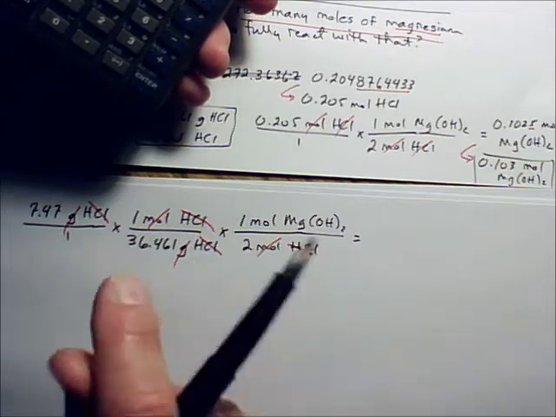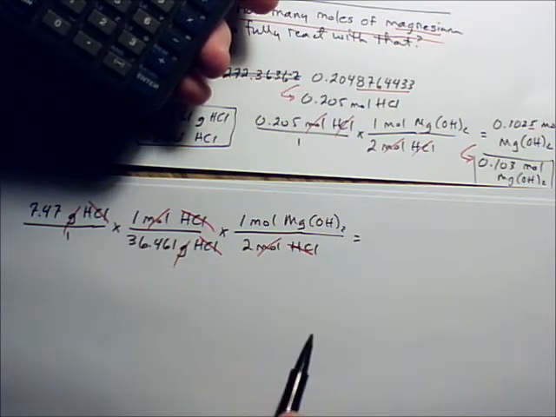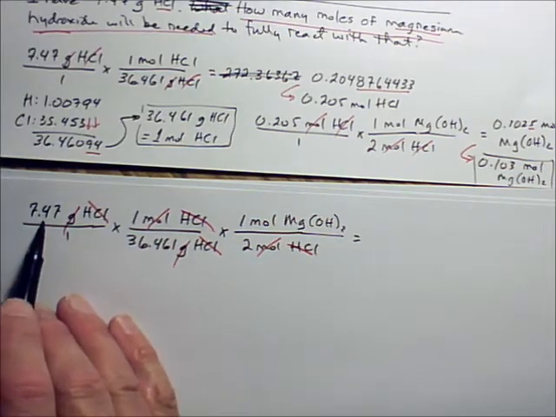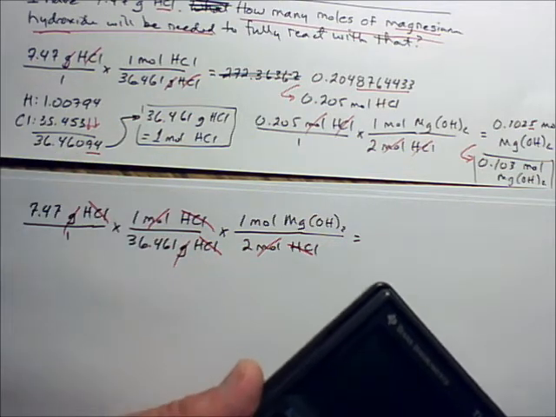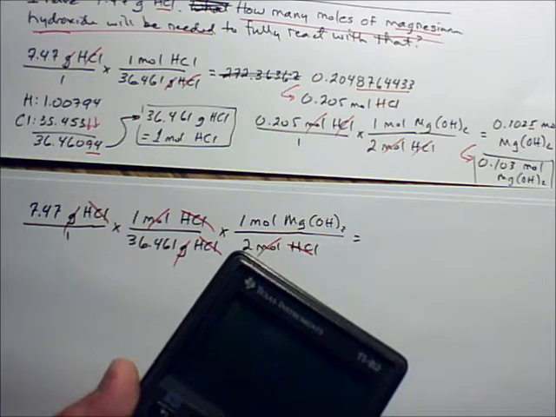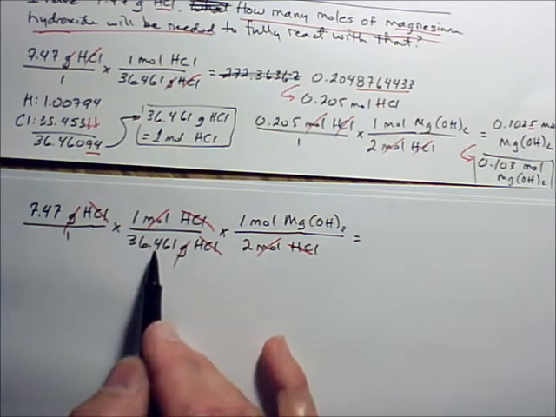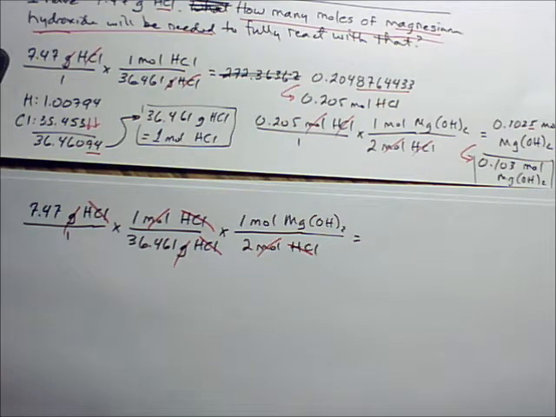That's just a step-by-step process that will get you through this really fast. Now, 7.47 times 1 times 1 just gives you 7.47, right? So we put that in and divide by the first number on the bottom, 36.461, hit enter, and then divide again by 2.